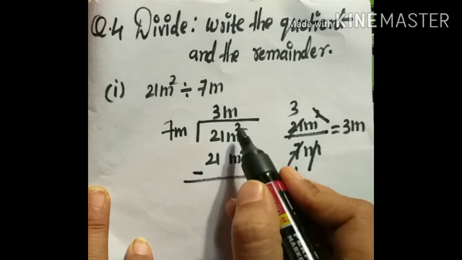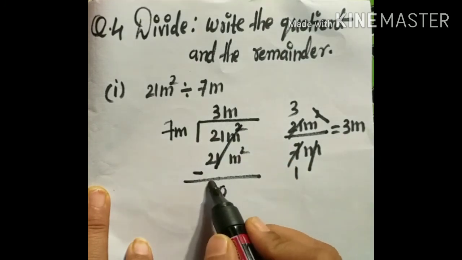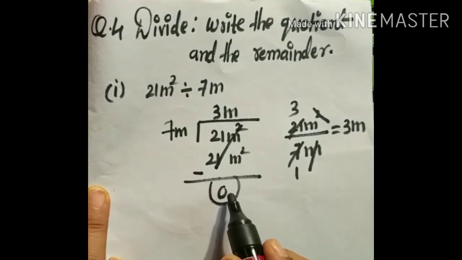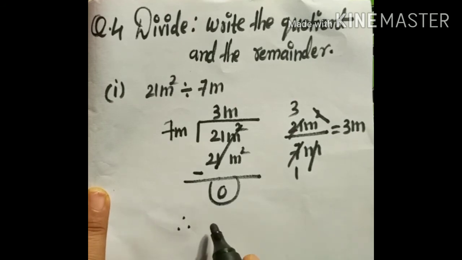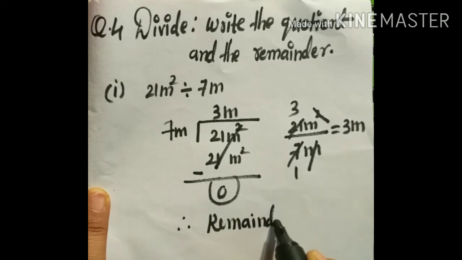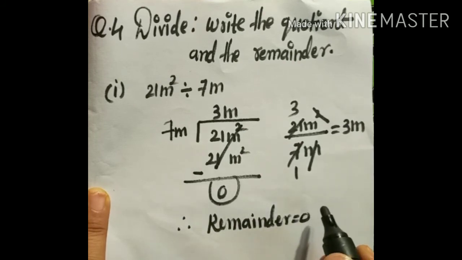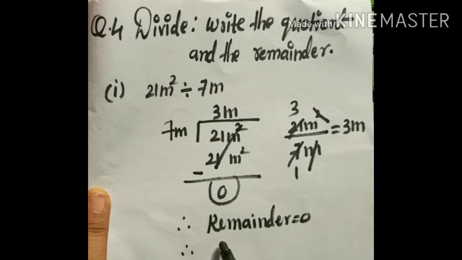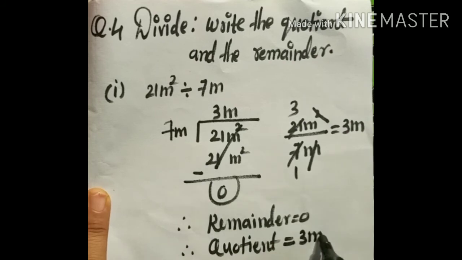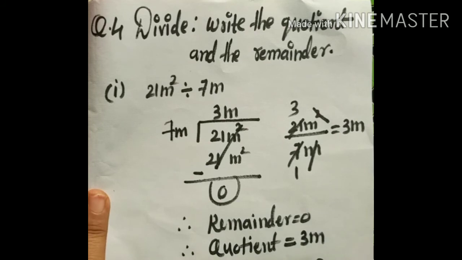So plus minus get cancelled, we get 0. Remainder is 0. So we have to write down, children, remainder equal to 0. Therefore, quotient equal to 3m. This way we have to divide, children.